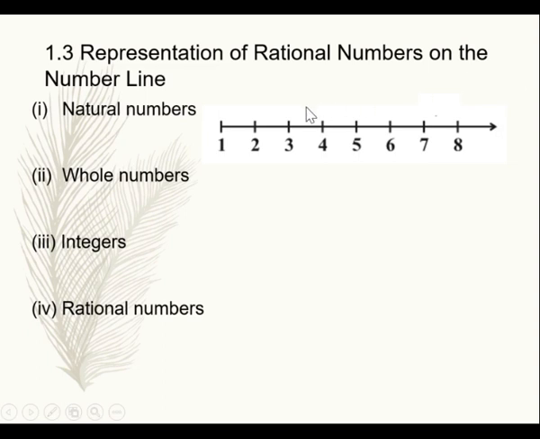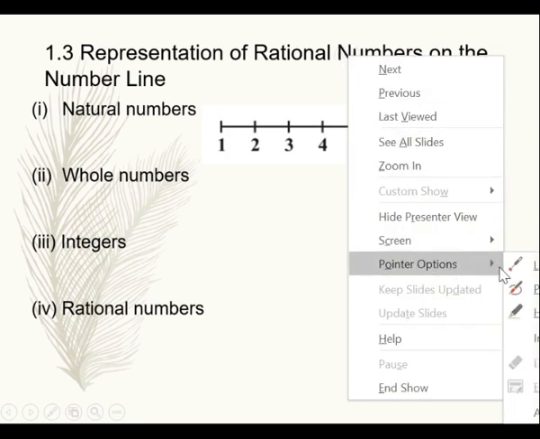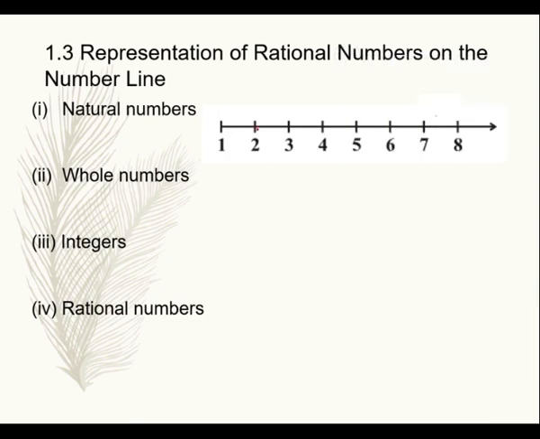What is the specialty of the natural number line? Try to observe. Here, the starting number is 1 and the next number 2 is 1 unit away, and similarly the next number from 2, that is 3, is at an equal distance.